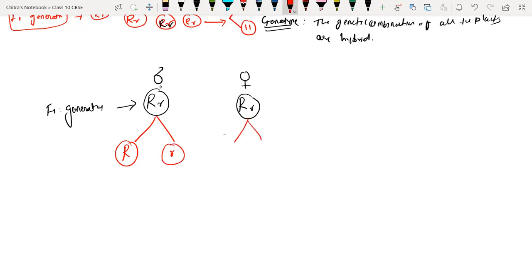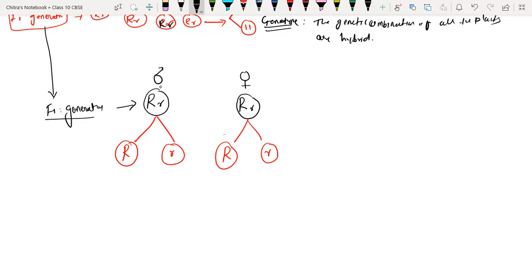That female plant also will produce capital R and small r gametes. Sir, this should be the F2 generation, right? No. This is the F1 generation. Now the new generation will come. That will be the F2 generation. These are the plants from the F1 generation only.